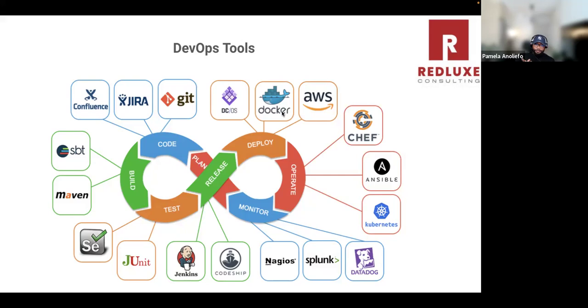We also have different containerization tools like Kubernetes, which you're also going to look at. We have DCOS, also a containerization tool. We have different cloud environments, just like I said, AWS, Azure, where your application is actually going to be deployed, and then various people can have access to those applications.